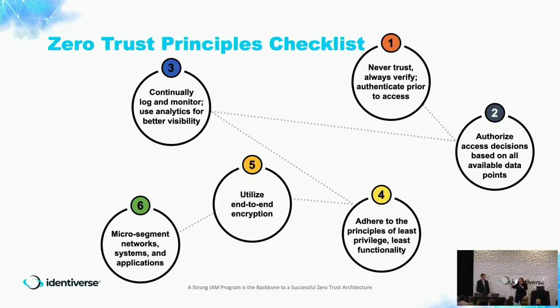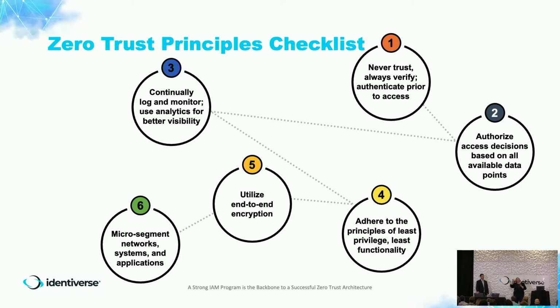So we want maybe a certificate from the device or a watermark. Maybe we want to know what the device health looks like. Maybe we want to know what the IP address is. Maybe we want to know what the past user history is, whether that user tends to come in at 2 a.m. on a Friday evening or if it looks a little fishy. So we want to do that contextual authentication, get as much information available and authenticate.